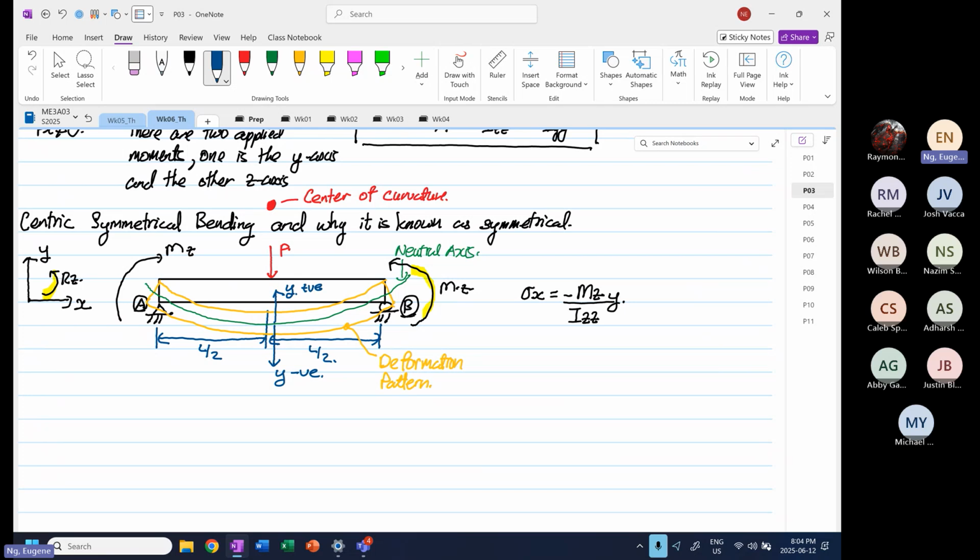Now, if we're going to have 2 points, a point over here known as our alpha point, and a point down here known as our beta point.